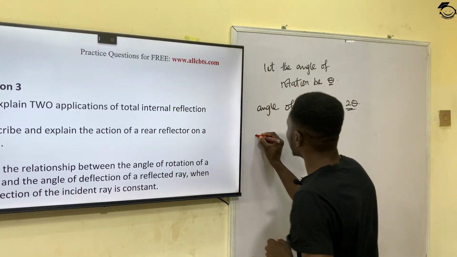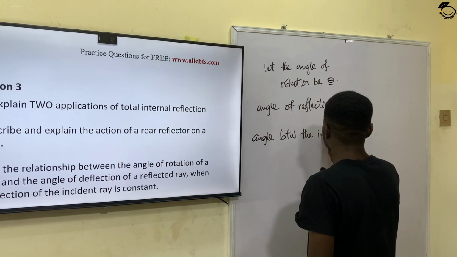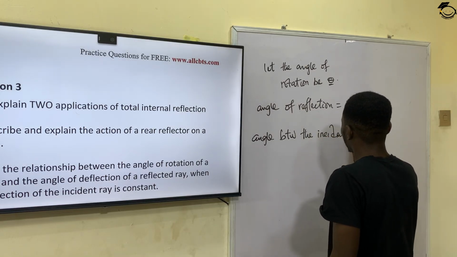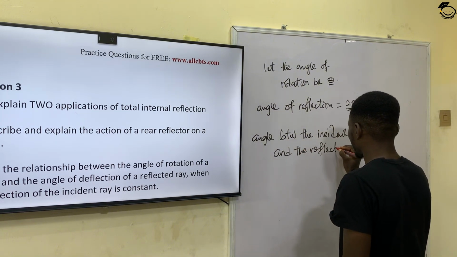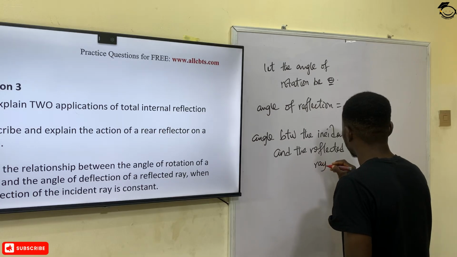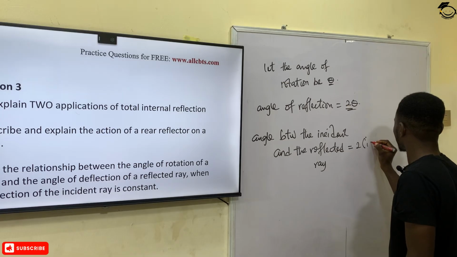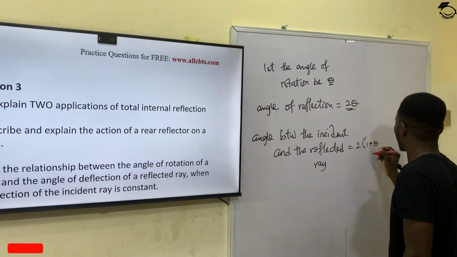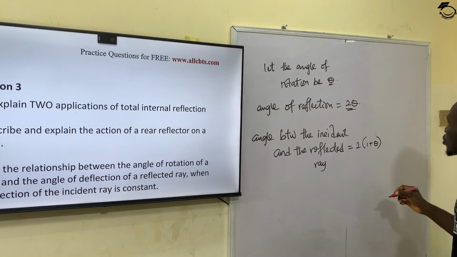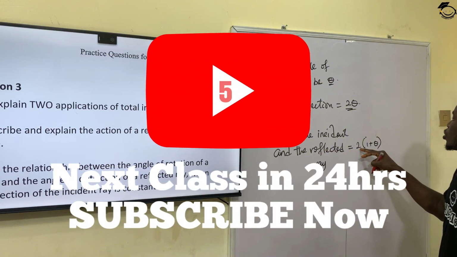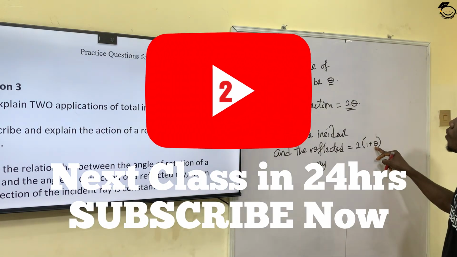And the angle between the incident and the reflected ray will be equal to 2 times the angle of incidence plus your angle of rotation.